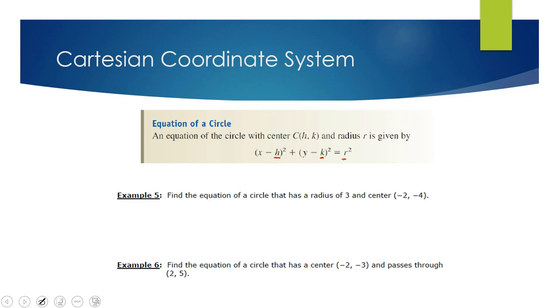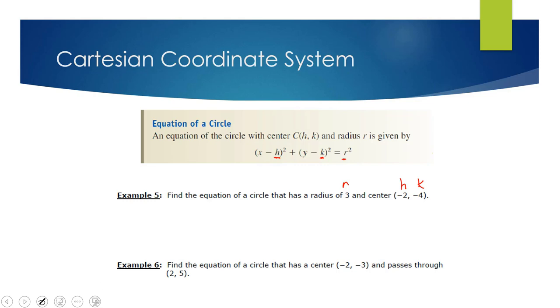Well, that means for us, when I look at this situation in example 5, first I want to find the equation of a circle that has a radius of 3 and a center at negative 2, 4. So this is h, this is k, this is r. Pretty straightforward.